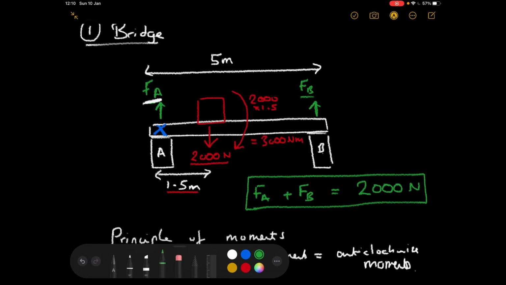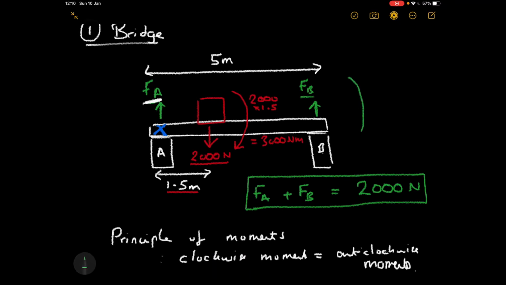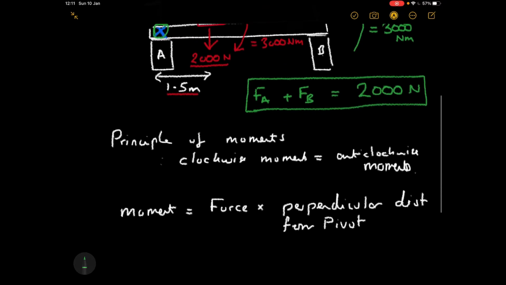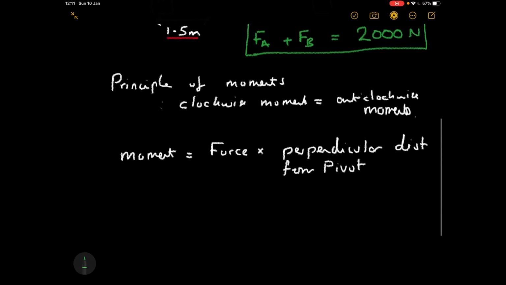And that's that one. And we know that it has to be balanced by an anti-clockwise moment going in the other way, remembering that this is our pivot. And this one is force B times 5 meters, and that has to equal 3,000 Newton meters.